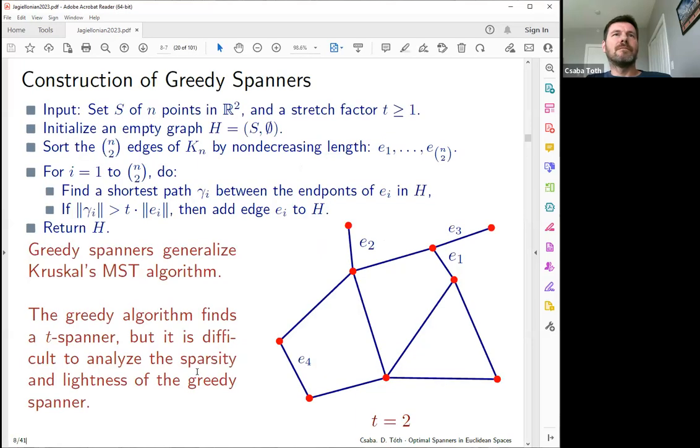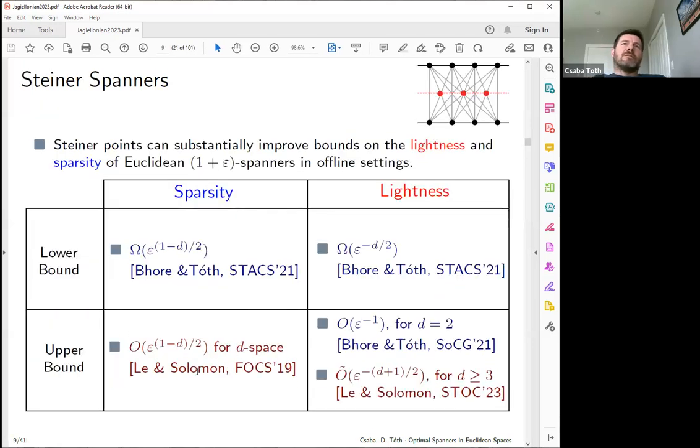So one other thing I wanted to show of previous work is Steiner points. This doesn't make sense in the abstract graph regime, but it makes perfect sense in Euclidean spaces, or in general, when there's an ambient space of some metric space.